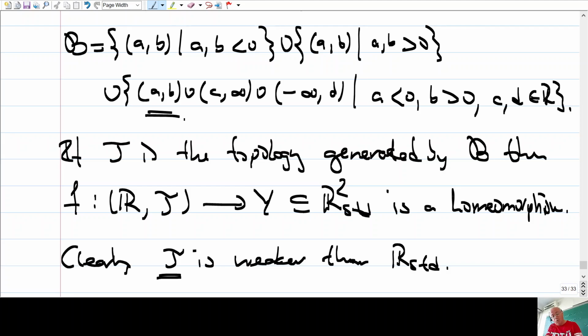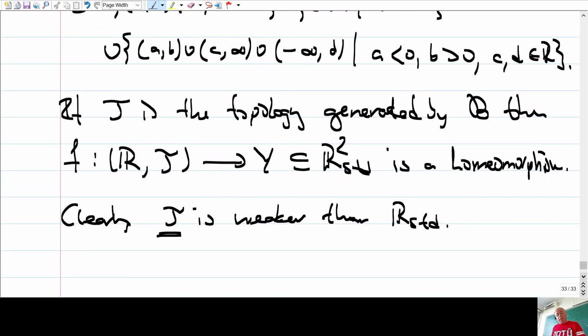This is open only if I add these two pieces. That's why this is weaker. This thing itself is not open. This thing is open, this is open, but this thing itself is not open. All right. Any questions so far?